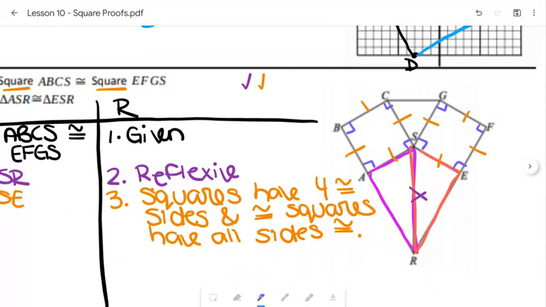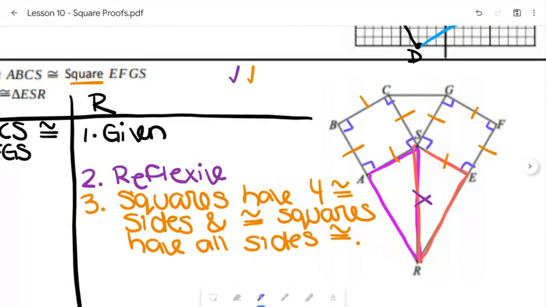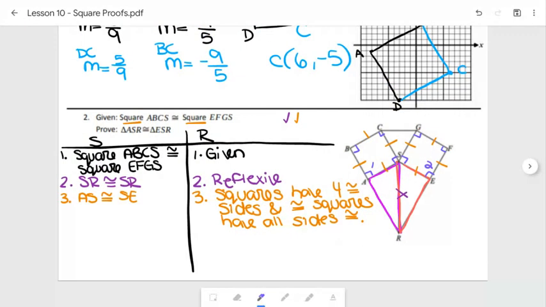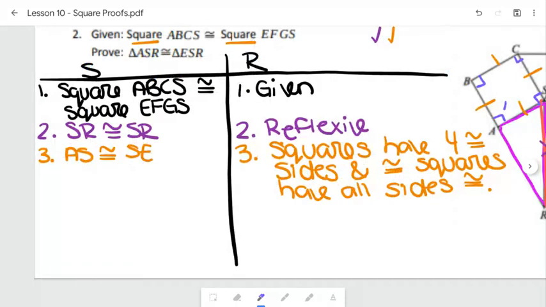So in here, I'm going to start with the 2 that I care about. The 2 that are closest to helping us are here, 1 and 2. Okay, and I can say in that reason, angle 1 congruent to angle 2.